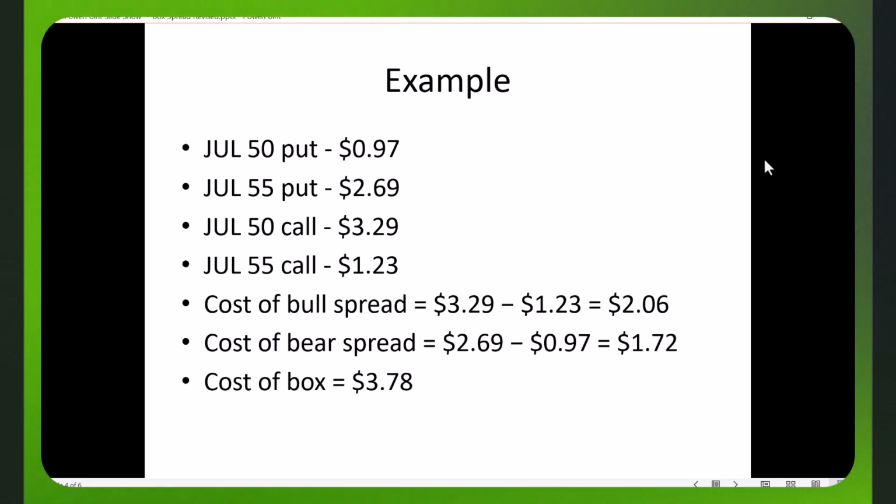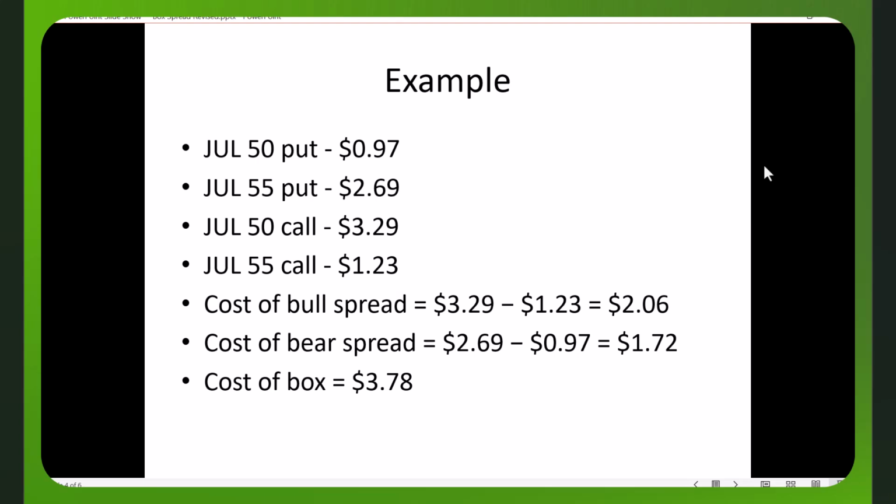We have a July 50 call that sells for $3.29, and the July 55 call sells for $1.23. And again, the prices are consistent with what we expect. The strike price is the price you're buying at, and being able to buy at 50 is certainly better than being able to buy at 55.